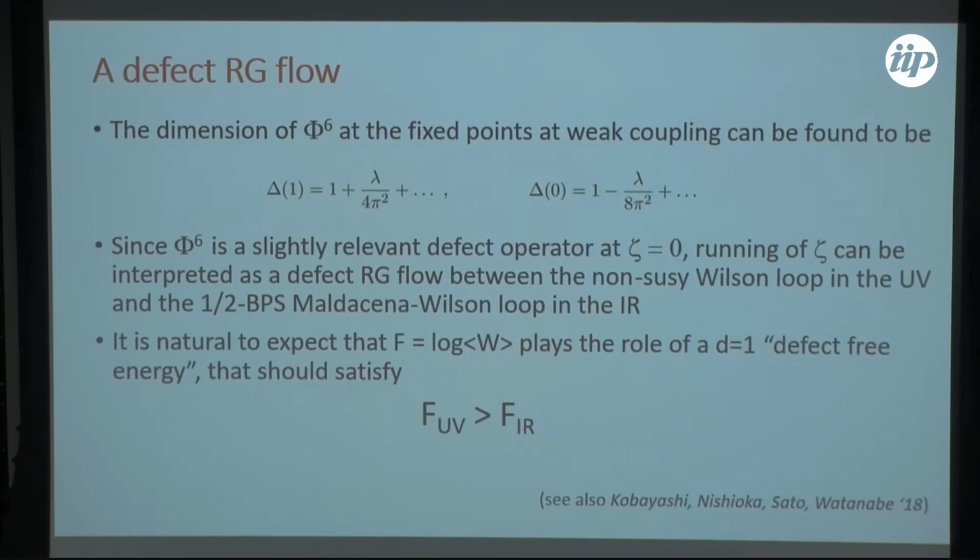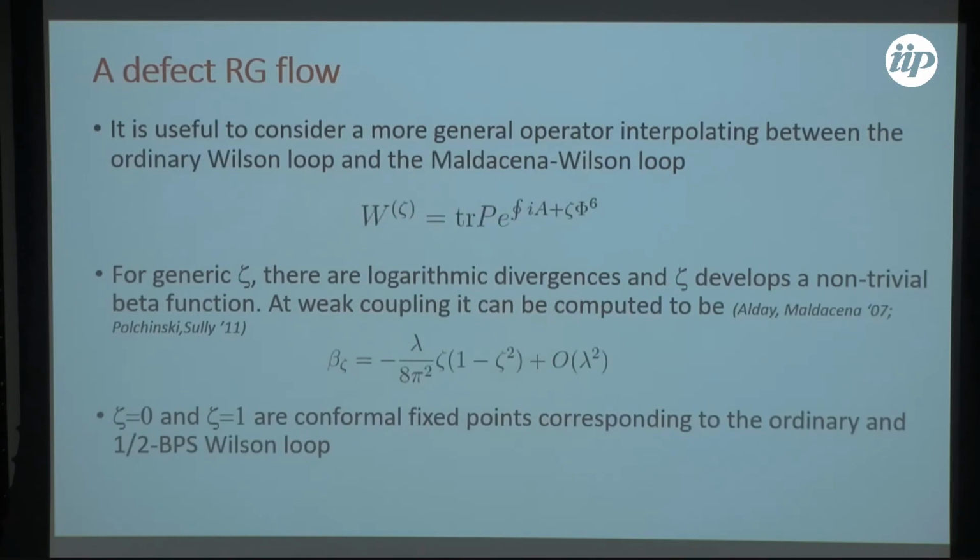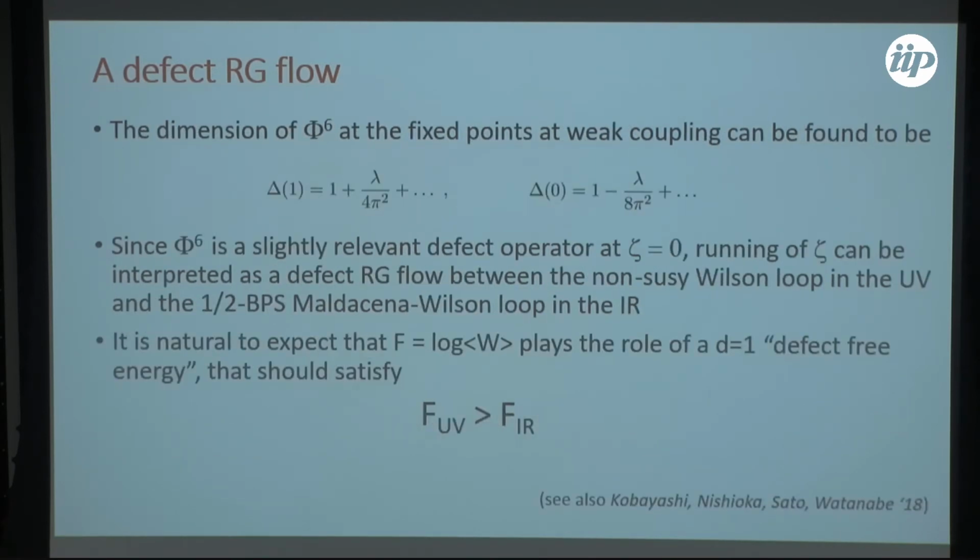So you can view this zeta coupling as defining some defect RG flow between the non-supersymmetric Wilson loop in the UV, so that's like a UV fixed point, and an IR stable fixed point, which is the half-BPS Maldacena-Wilson loop. Okay, so it's interesting to ask about something like an F theorem in this situation.